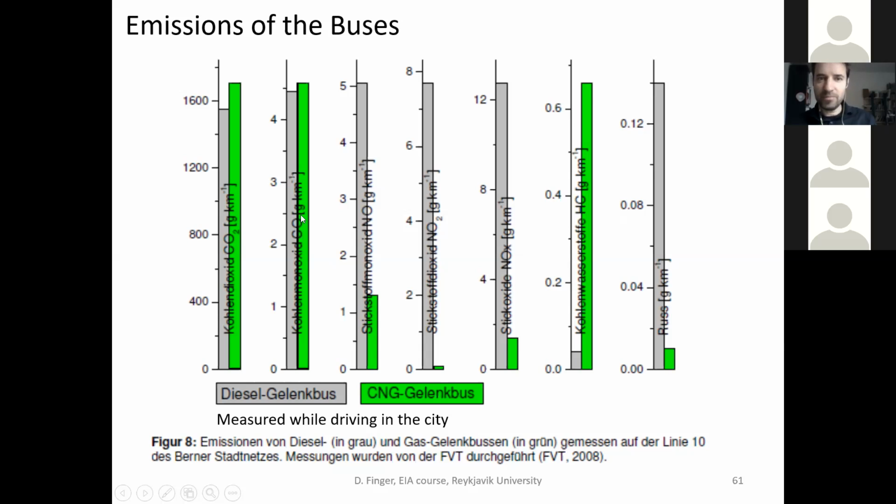Same for carbon monoxide, which was also higher. But in regard to most of the other components, the natural gas bus was significantly lower, by an order of magnitude, especially for fine particles. Nitrogen oxides were also a lot lower.